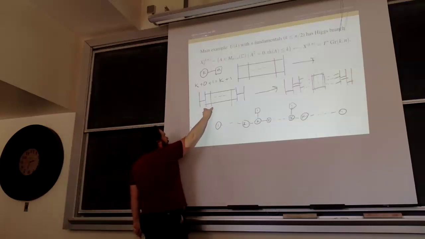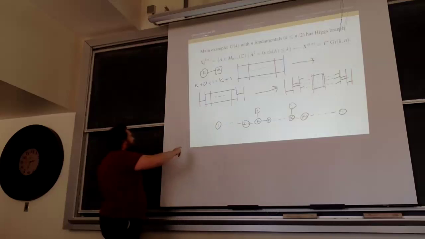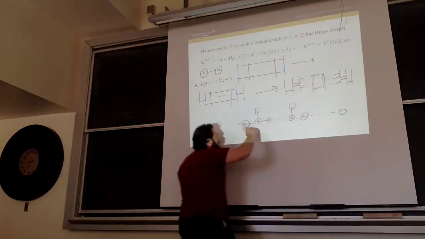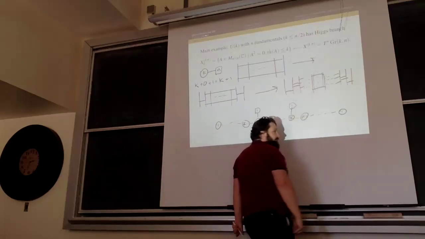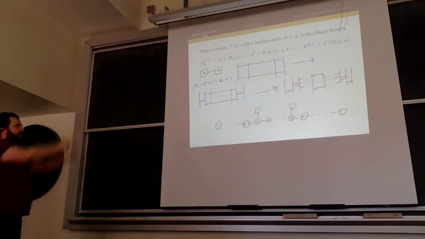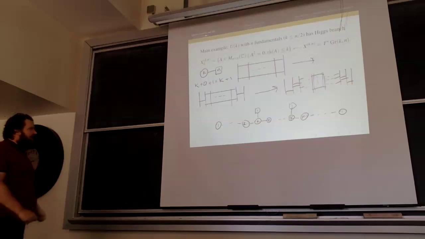And now I do this flip again. And instead of having k plus 0 plus 1, I have k plus 1 plus 1. So I get 2. And then I do the flip again, and I get 3. And I keep on going towards the inside.